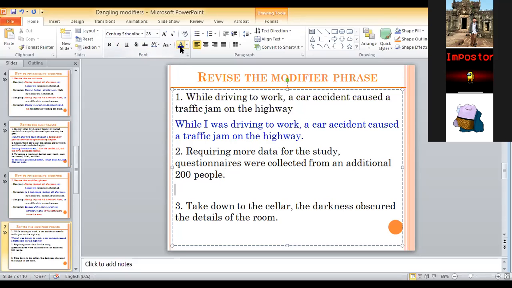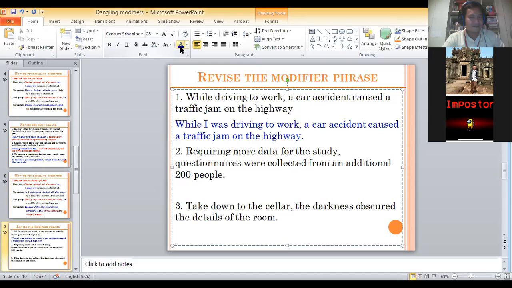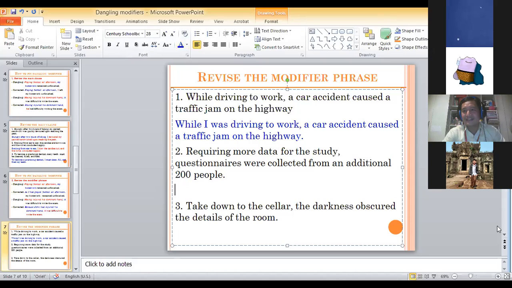Who volunteers? The sentence says: requiring more data for the study, questionnaires were collected from an additional 200 people. Okay, so can I hear from Boromay?